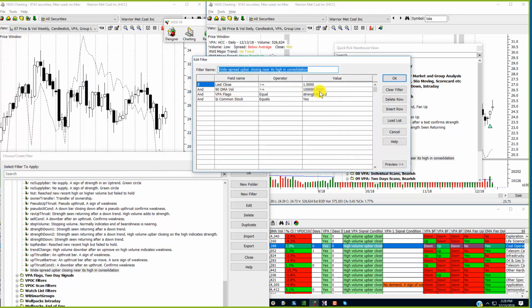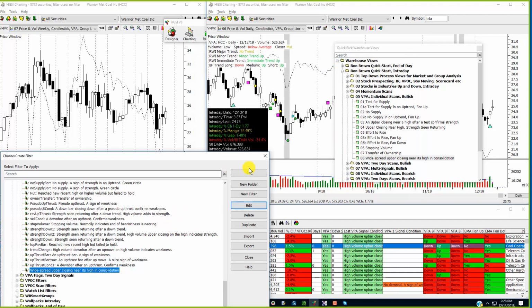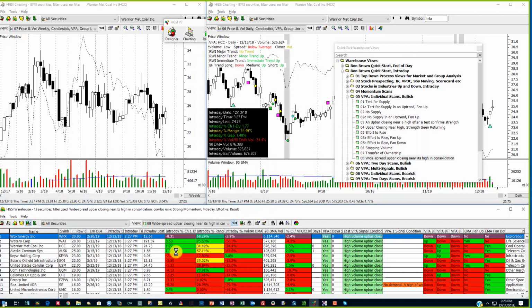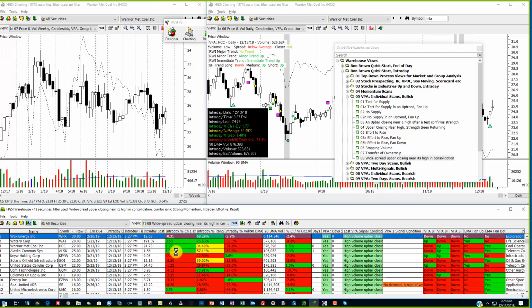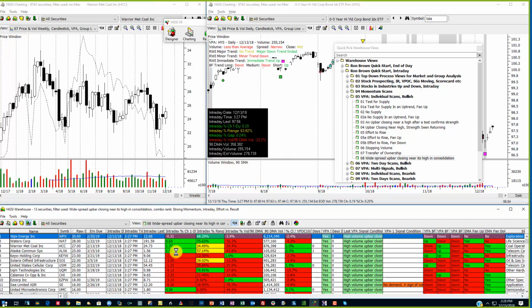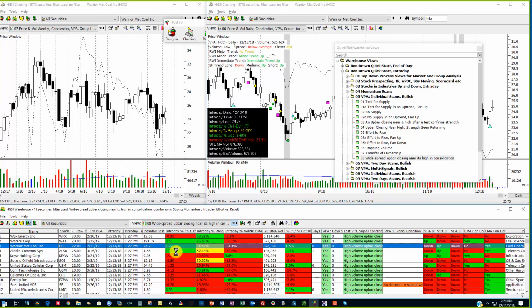All that is contained in this one line right here, strength down 2, which means absolutely nothing without a description. But it's what Matt, when he gave us direct access to those VPA flags, all of the code is within that single field.